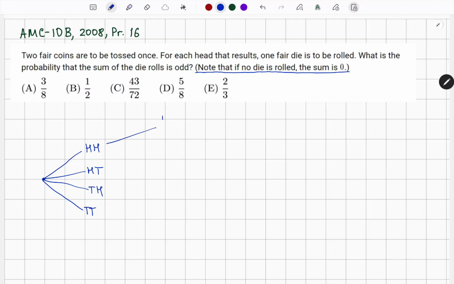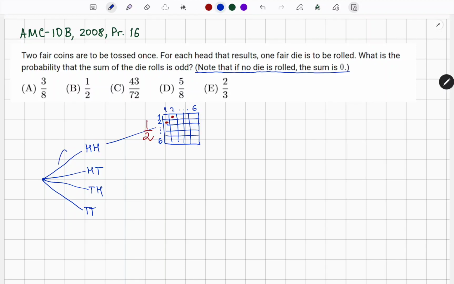So you can imagine this massive table with 1, 2, 3, 4, 5, 6 as the result of the first die, 1, 2, 3, 4, 5, 6 as the result of the second die, and you can consider the probability that the sum of the die rolls is odd. Exactly half of the entries in this table are filled with odd results. So the probability to have an odd result is a half.